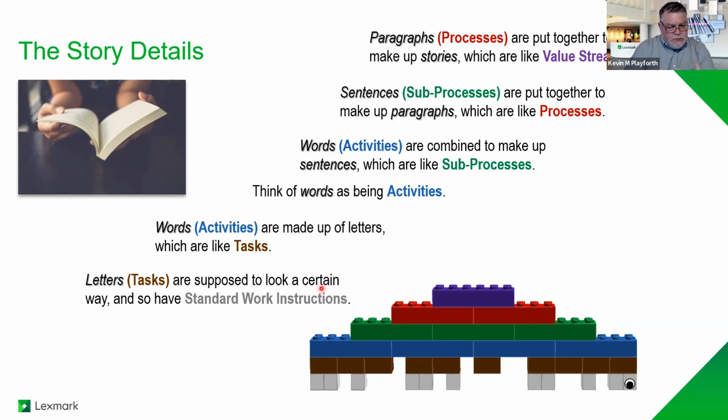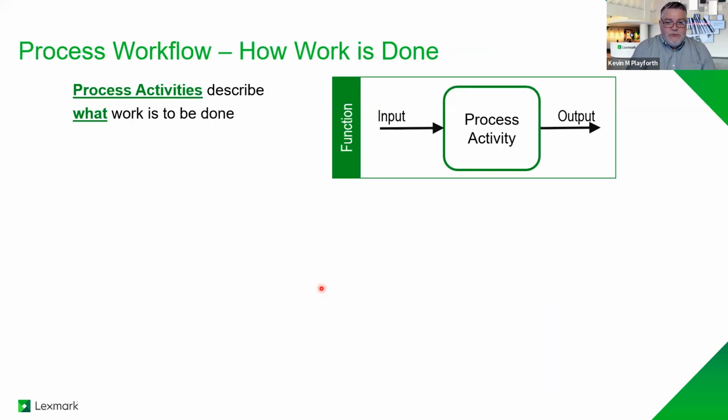Let's talk about that in the next segment, what this looks like as we go into the how. We already talked about our process activity. Again, what work do we need to do as a company? That is our keystone. If you take nothing else away, start with a process activity and grow.